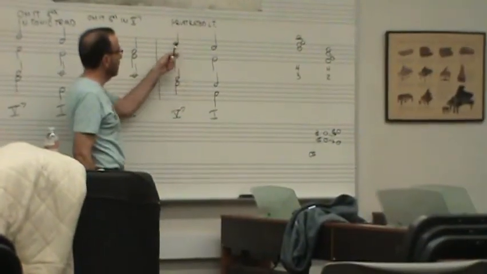See that weird leap in the soprano? It sounds kind of weird, I suppose. In an inner voice, you can hide that, but in the soprano, it's kind of weird. So you want to avoid using this frustrated leading tone if it's in the soprano.